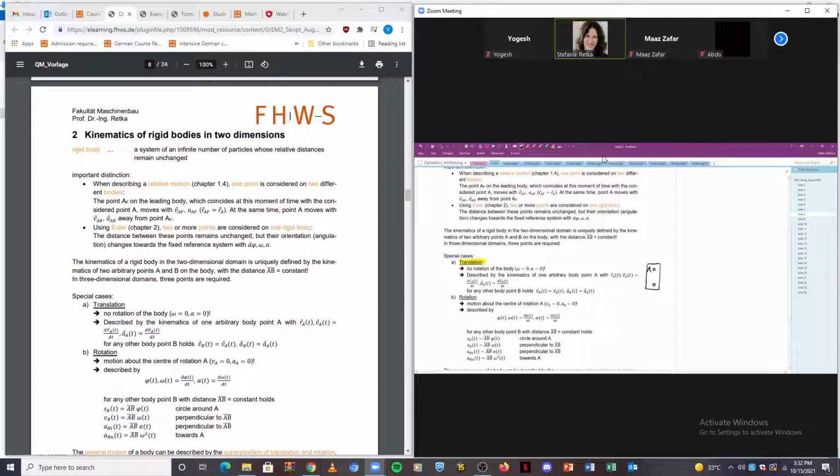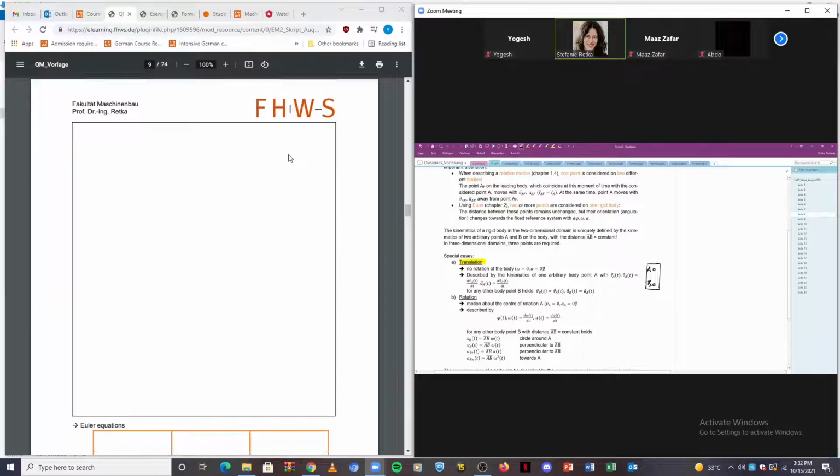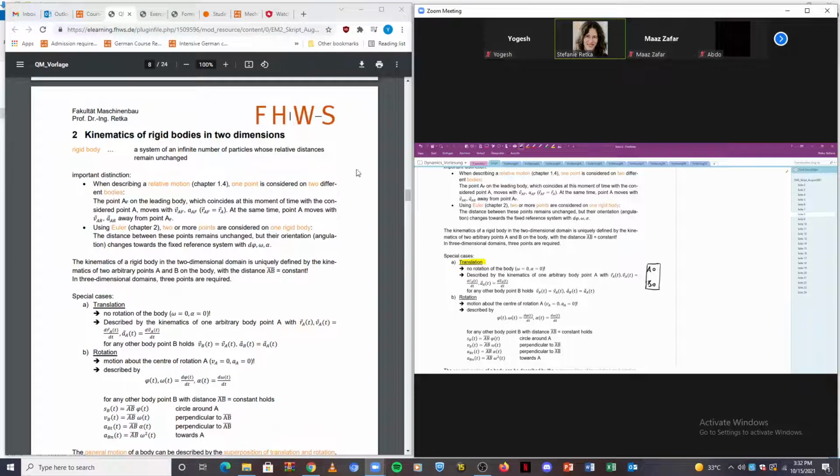For example, like this, point A and point B. And now this body moves with a certain velocity and acceleration, covers a specific distance, and let's assume it moves in this direction. In general, these are vectors. Of course, it could point in x, y, and z direction. Could have components in x, y, and z direction.